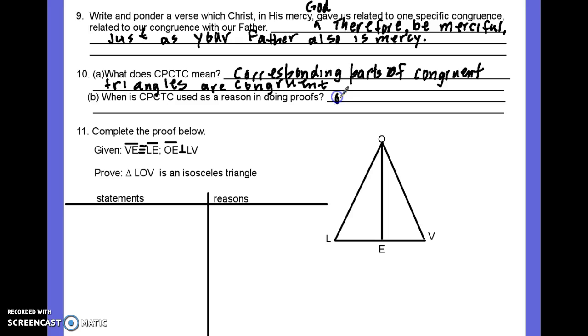Only after the statement of congruence between two triangles.